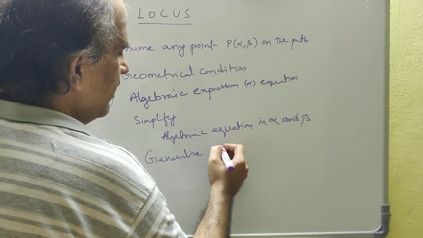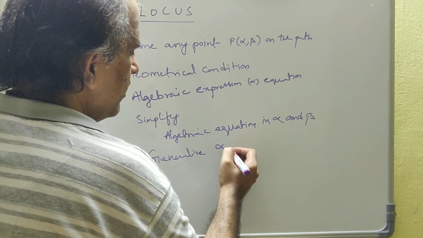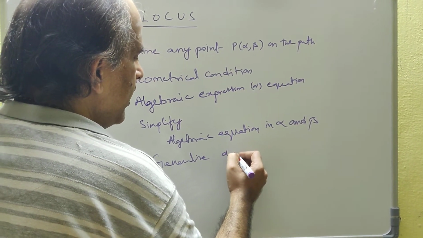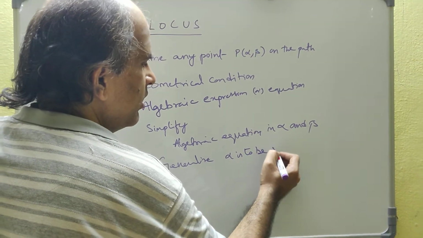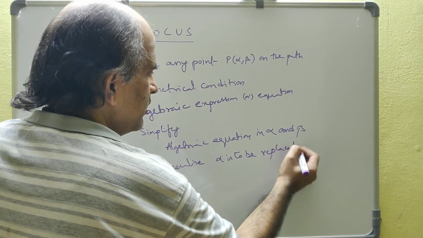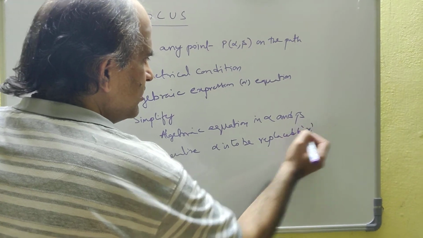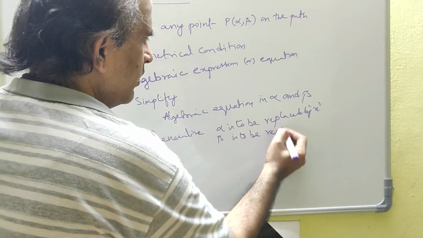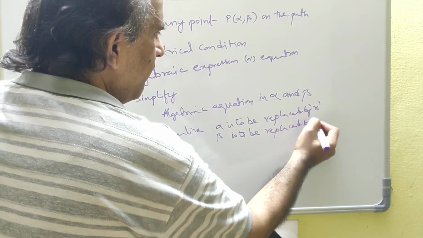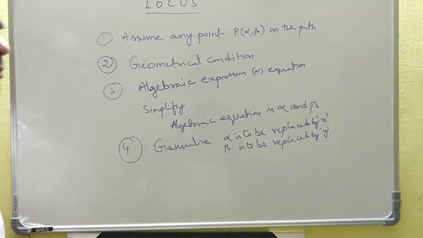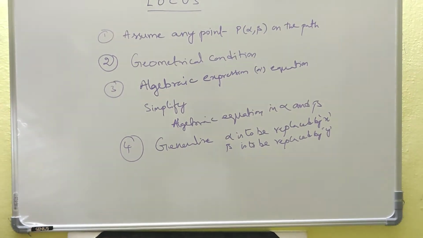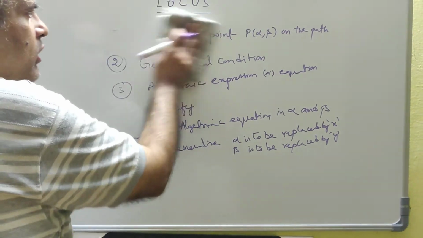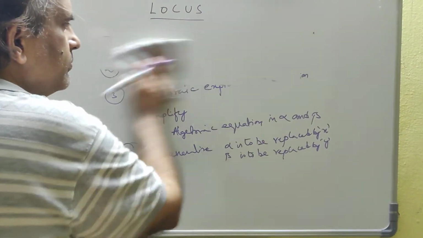The meaning is that wherever alpha is there, alpha is to be replaced by x and beta is to be replaced by y. Alpha is to be replaced with x and beta is to be replaced with y. Okay, let me give you a small example so that you can understand it.